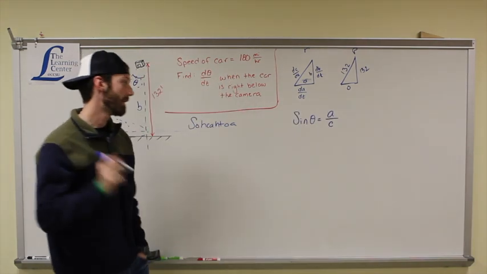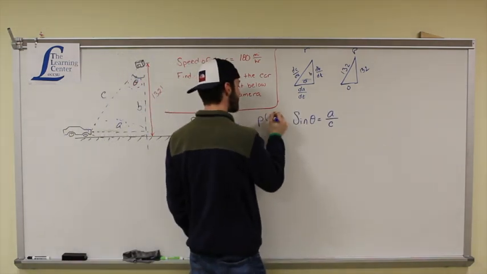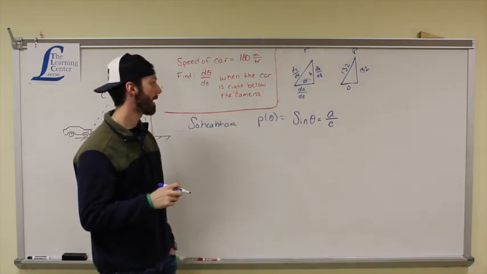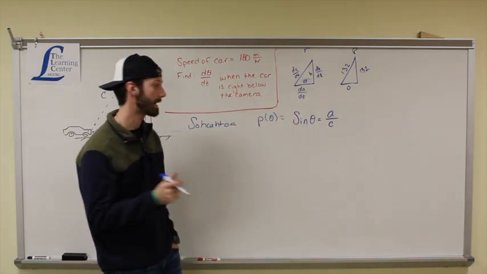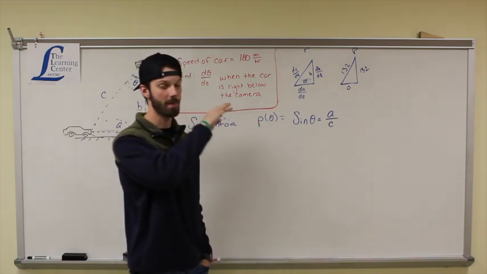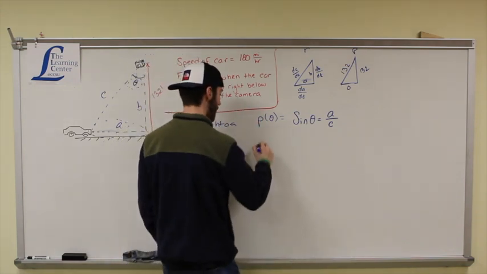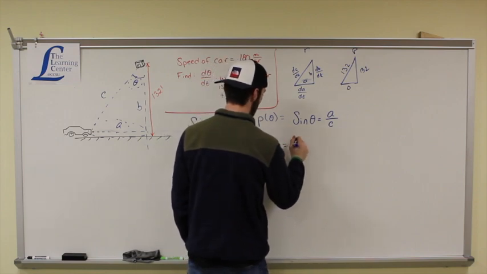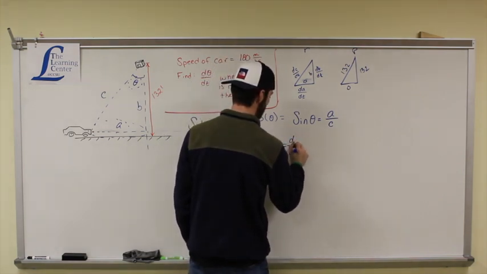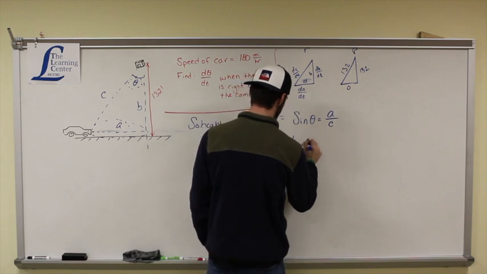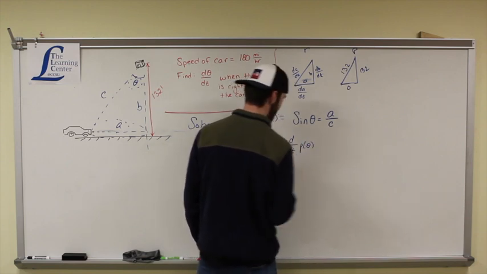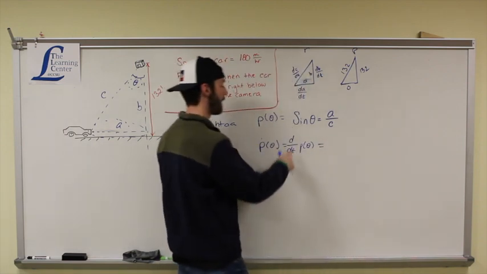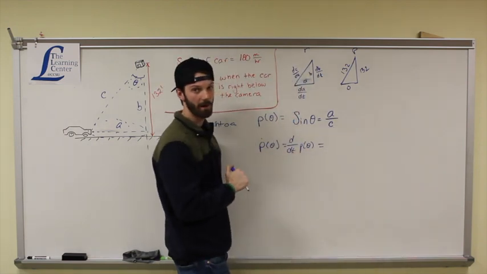Next, this is our position function, and it's a function of some angle theta. So in order to find a rate function, we need to take a derivative of our position function with respect to time. So we want p dot of theta, or d dt of p of theta, dp dt, and that's equal to the derivative of both sides, left and right.